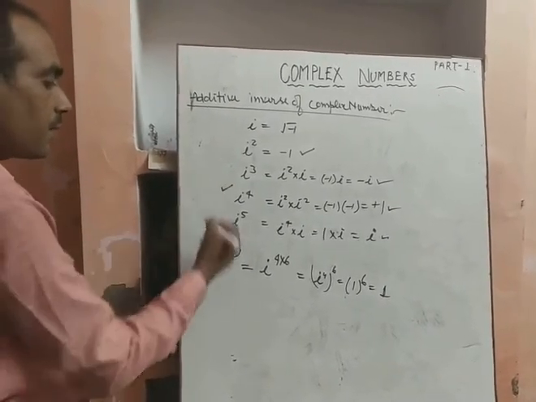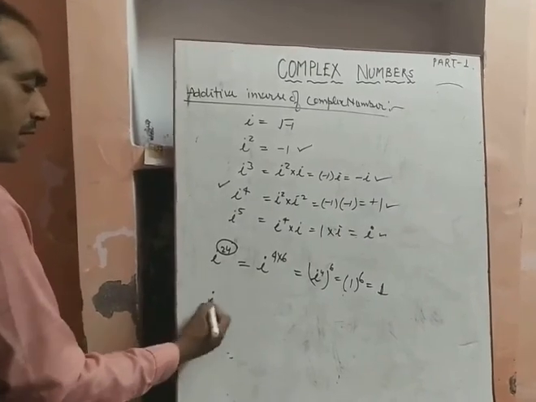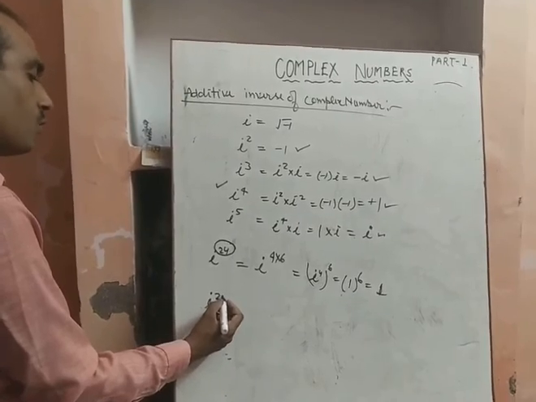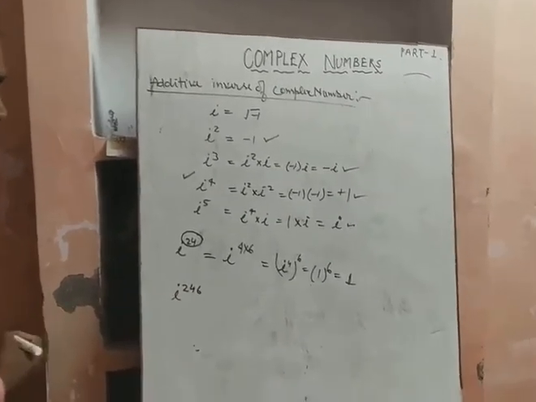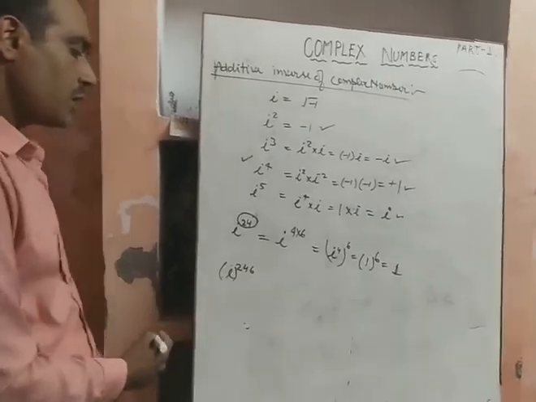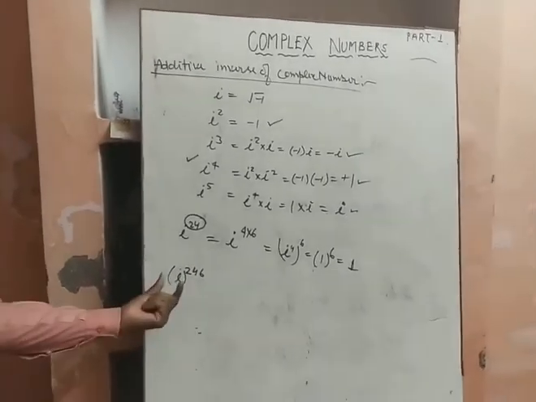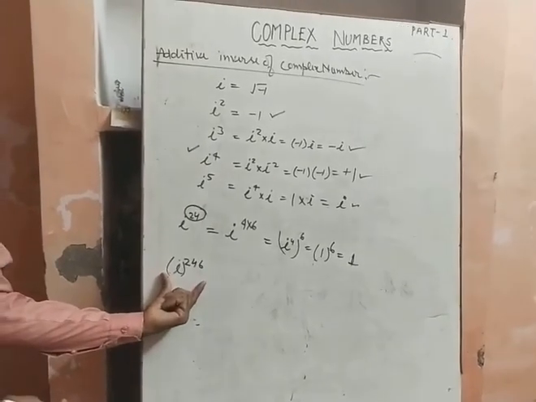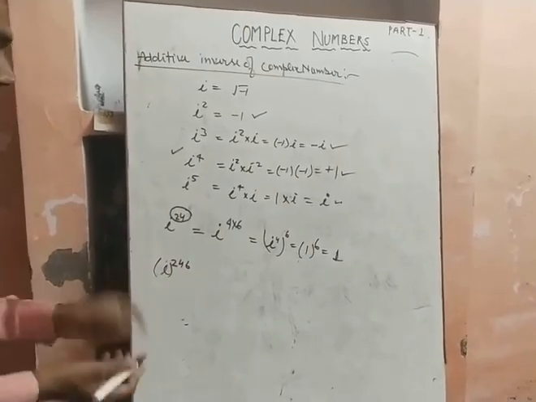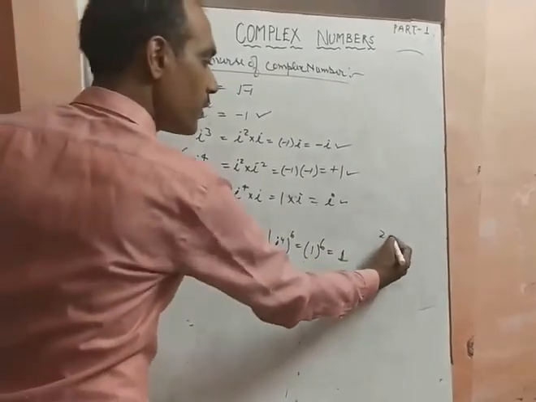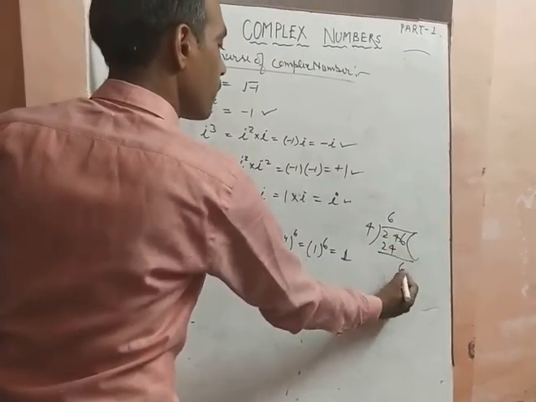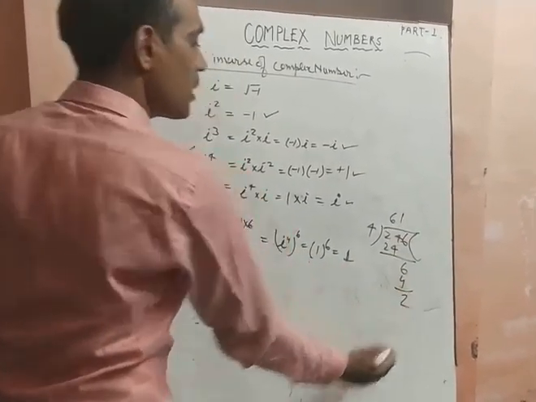So if a large power of i is given, like i raised to power 246, how can you find the value of this? Divide the power 246 by 4, and 2 is the remainder.